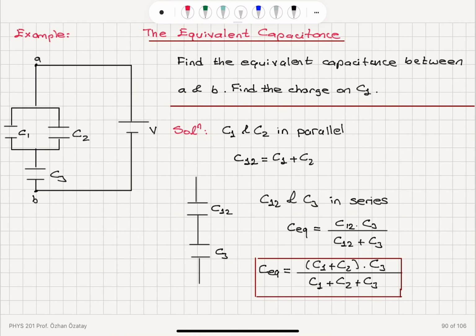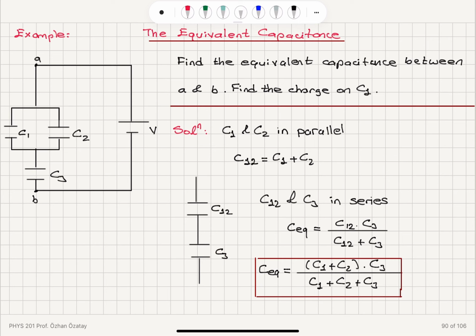Okay, so in this example we talked about the equivalent capacitance between two points A and B. First we see C1 and C2 connected in parallel. They have the same potential difference. Their charges add up. And the equivalent capacitance is the sum of the capacitances C1 plus C2. C12, which is C1 plus C2, is connected in series with C3.